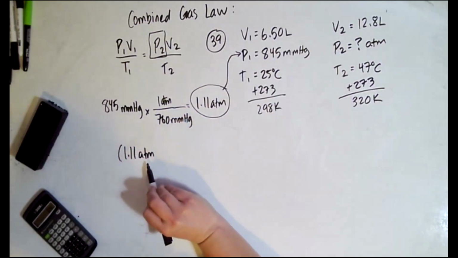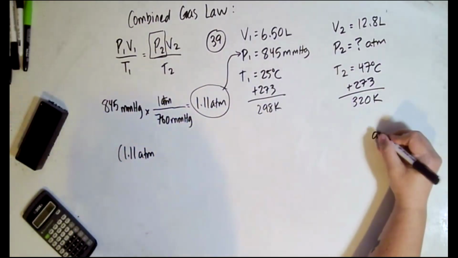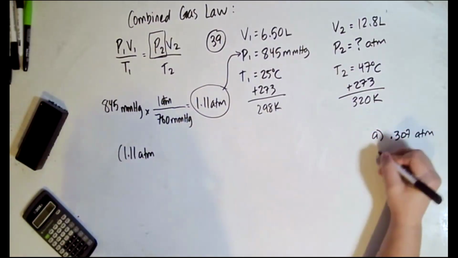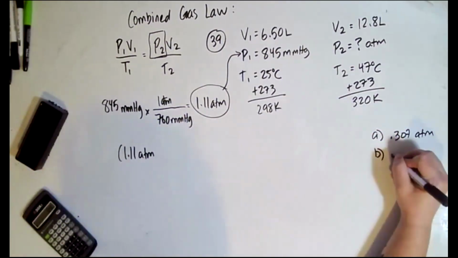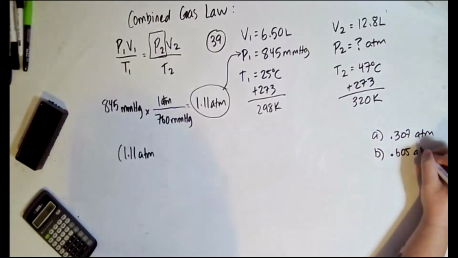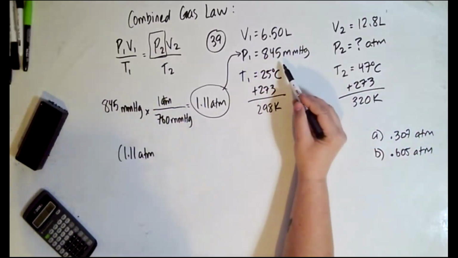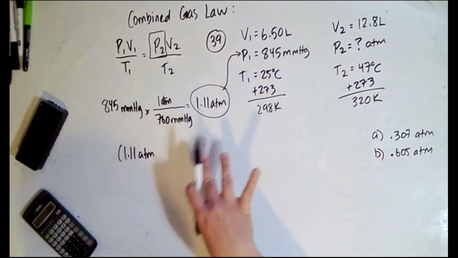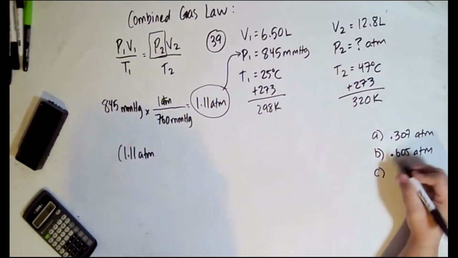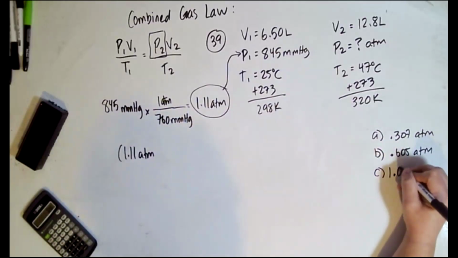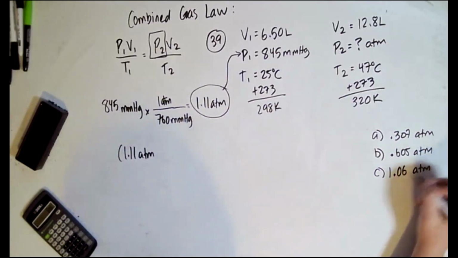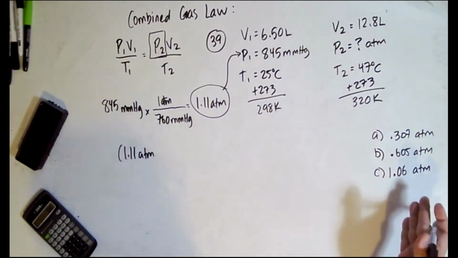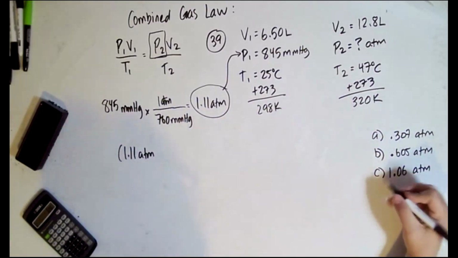And we're doing this because the answer choices, if you look at them, are all in atmosphere. What we don't want to happen is for us to plug in 845 millimeters of mercury, solve our whole problem using the 845 millimeters of mercury, and then end up with an answer in our calculator that matches a number here, but the unit doesn't match.